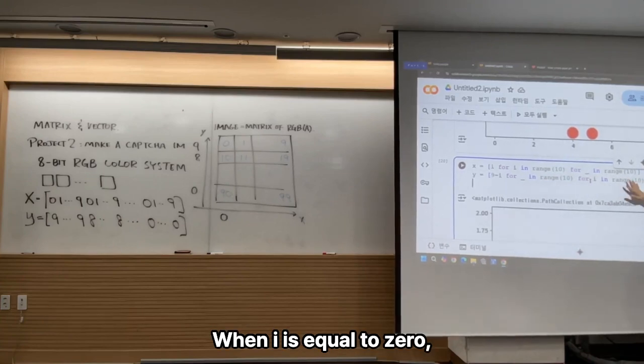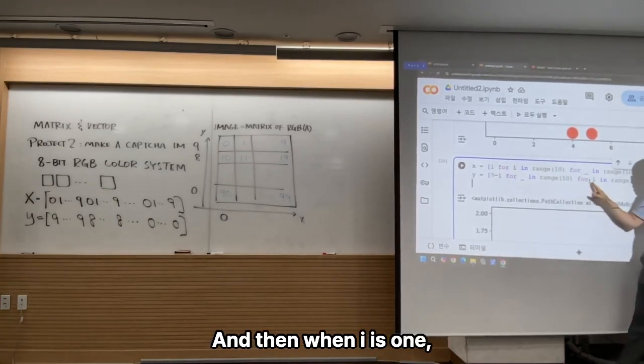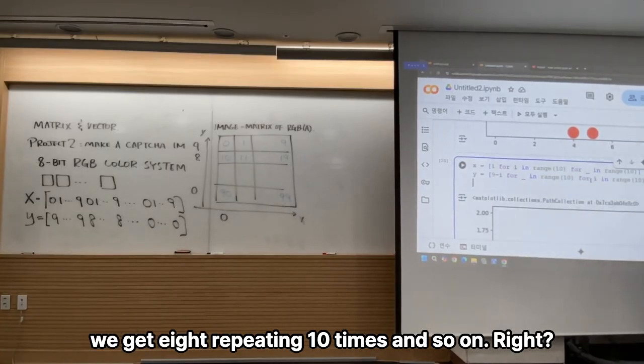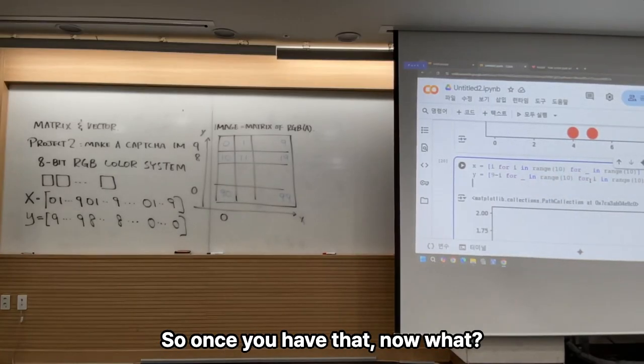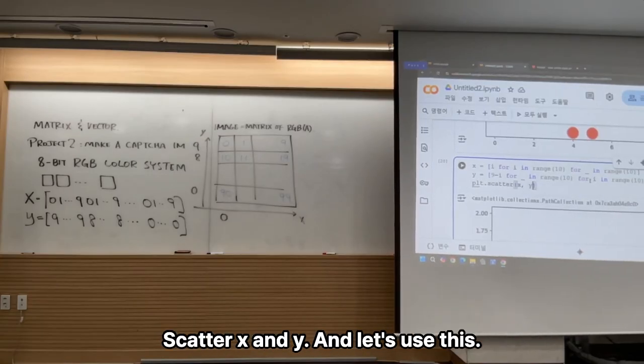When i is equal to 0, it's just 9 repeating 10 times. And then when i is 1, you get 8 repeating 10 times, and so on, right? So once you have that, now what? Let's try to plot this, scatter x and y. And let's use this.